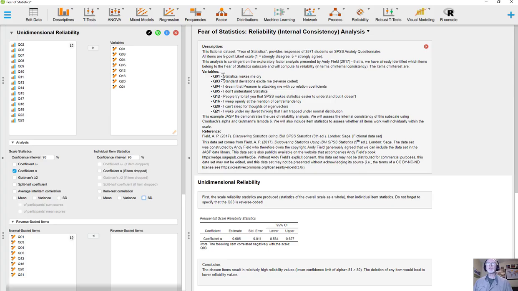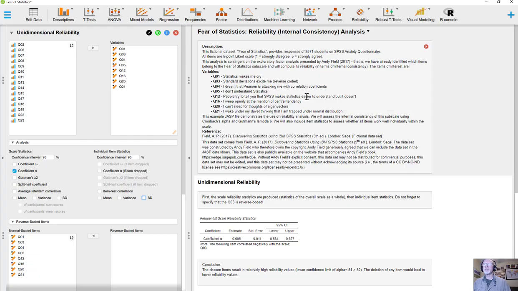Andy Field proposes that he has a scale depicting fear of statistics, with items such as statistics make me cry, standard deviations excite me. That one is reverse coded because it's in the opposite direction.